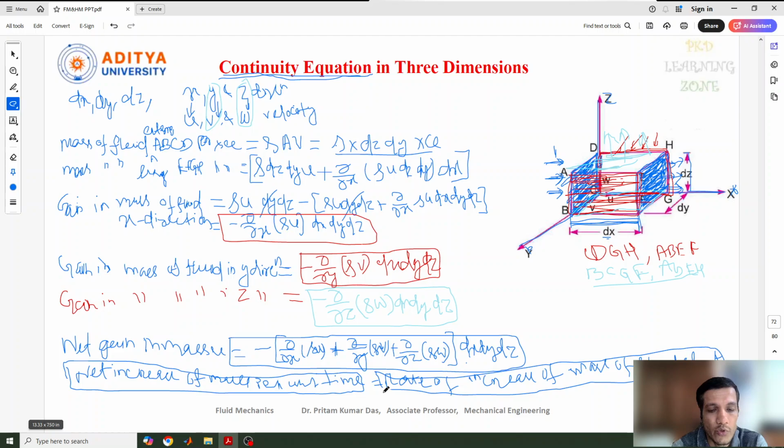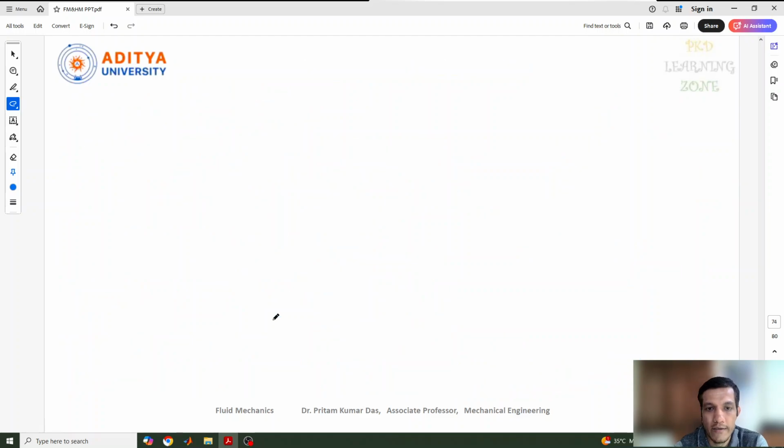Both should be equal. The net gain in mass we already got here. The mass of the fluid we need to find out now. So I'll go to the next slide.